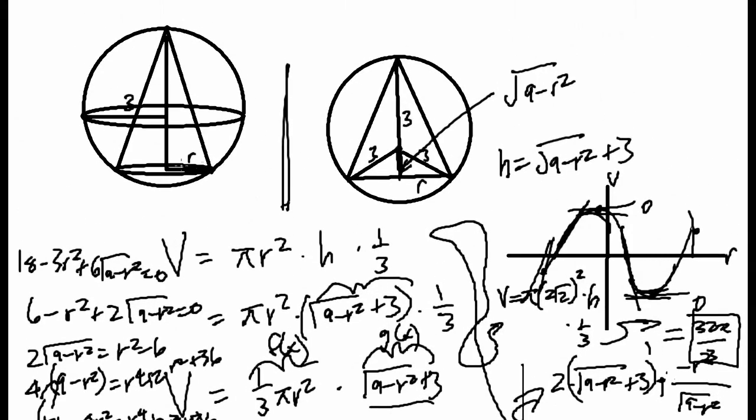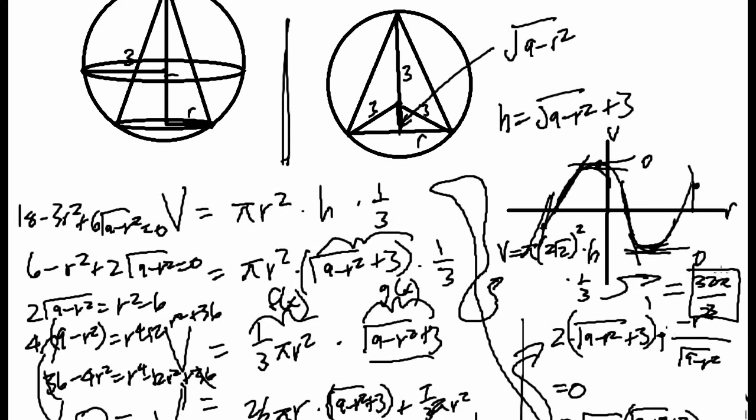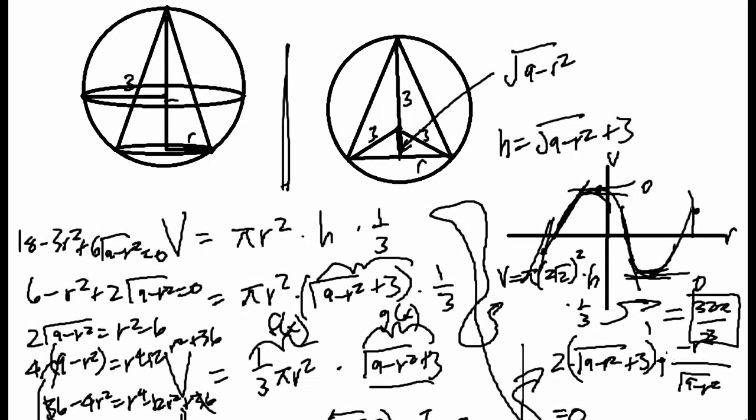Here the endpoint was 0 because the radius could be a minimum of 0, and the maximum was actually 3. And if you try 3 out, you don't get as high a value as 32 pi over 3 for the solution. So this is the maximum.